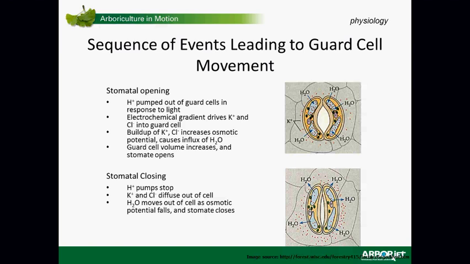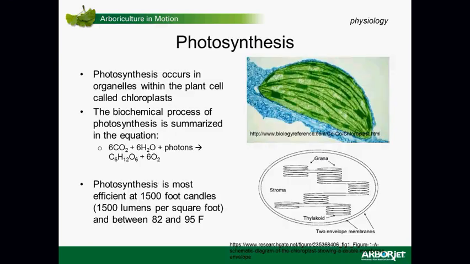That causes an increase in osmotic pressure, water flows in, and the guard cells become turgid, and because they can only move laterally, the pore opens up. When that pump stops, the opposite happens, and they deflate, and you get stomatal closure. That, we'll see in a little bit, is really important.